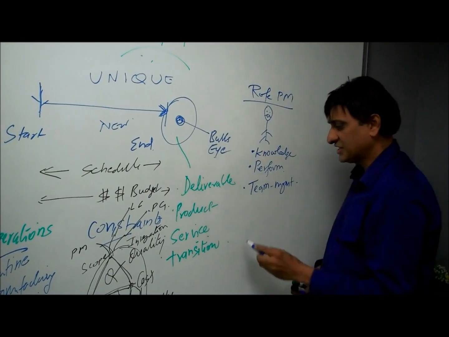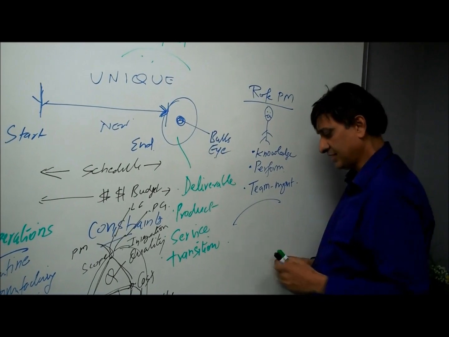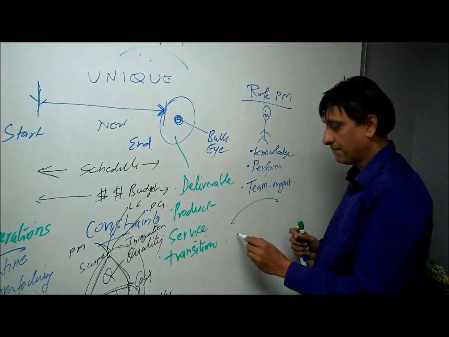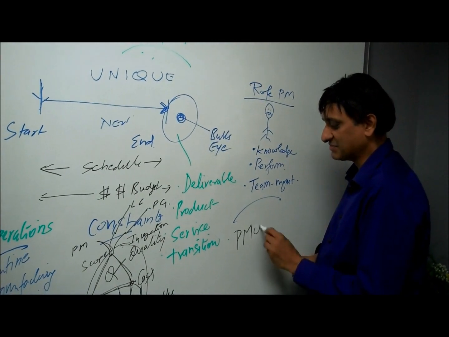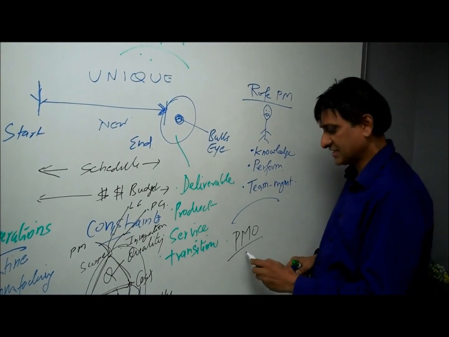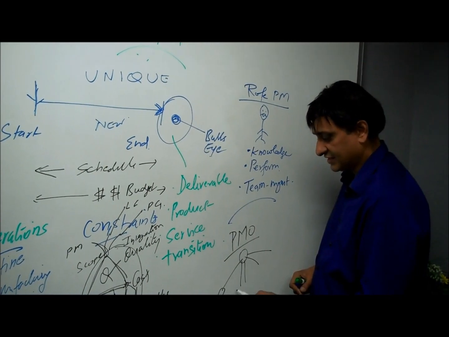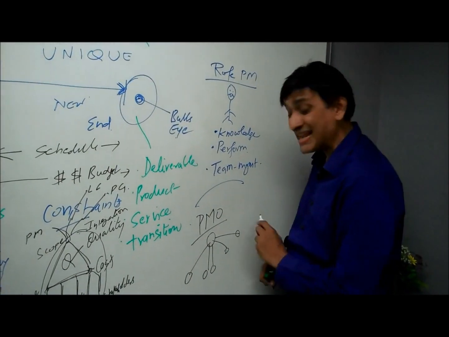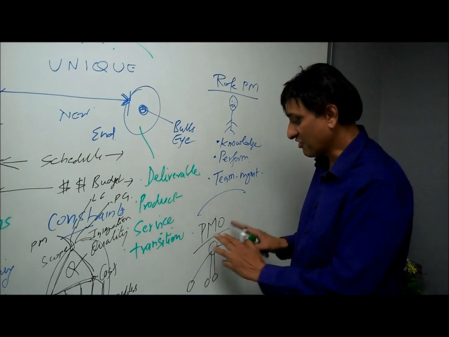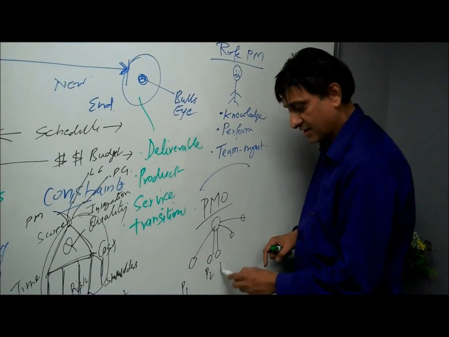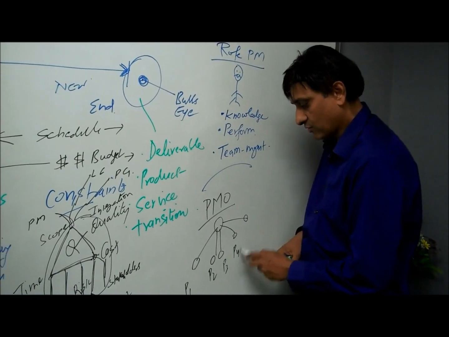And then the next question is where does the project manager do all this? Well, the answer is he or she does it from a PMO, Project Management Office. Now what is the Project Management Office? Well, the Project Management Office is nothing but a place, an entity, and a structure from where you implement different projects. Let's assume you have 5 projects, P1, P2, P3, P4 and P5.